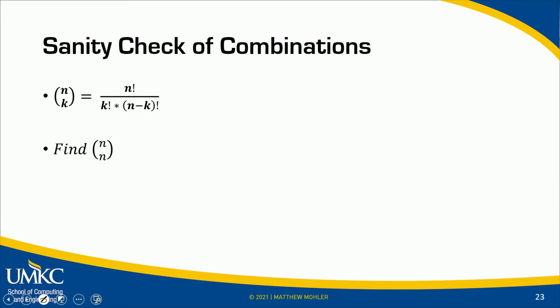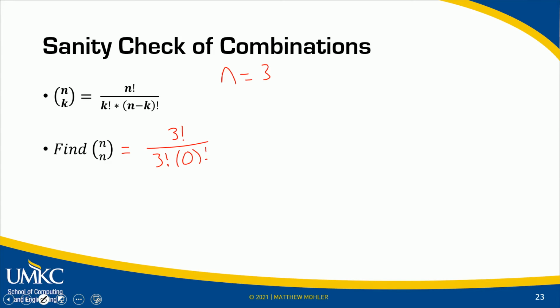So in this case, if we say that n is equal to the value 3, if we want to find n choose n, we would say that this is equal to 3 factorial divided by k, in this case is n, so that would be also 3 factorial, and multiply that by n minus k factorial. Well, n is equal to 3 as is k, and so that would be 3 minus 3 or 0 factorial.